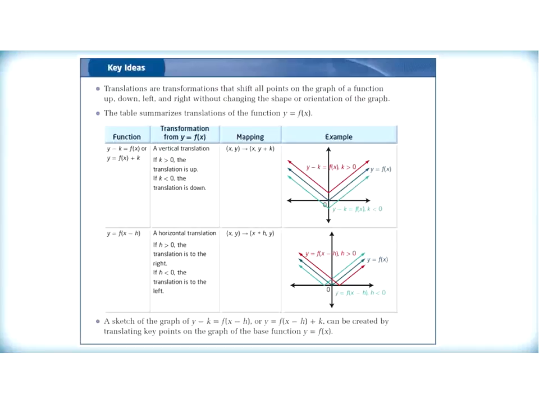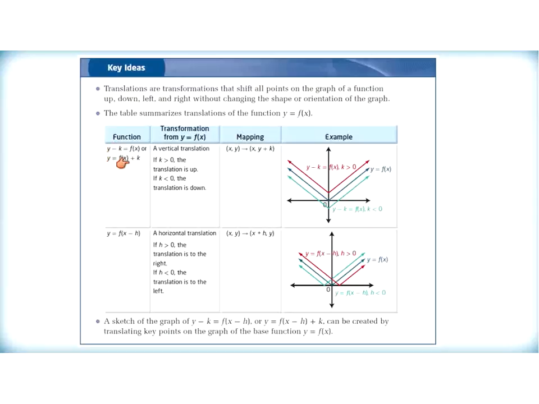Let's do a quick summary of the key ideas in this lesson. Translations are transformations that shift all points in the graph of the function up, down, left, or right. And of course, in this particular lesson, we looked at horizontal and vertical translations. And again, we didn't change the shape of the graph at all. The table summarizes translations.